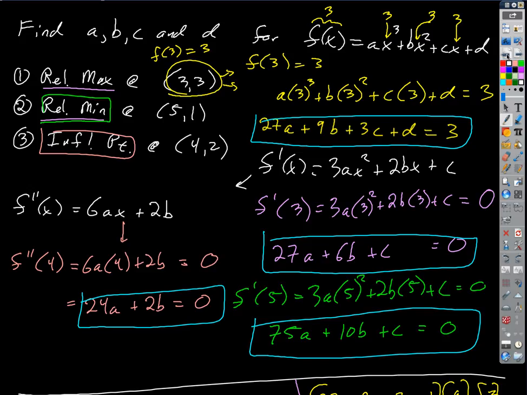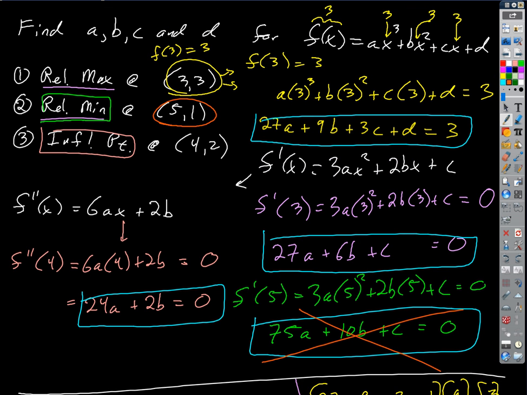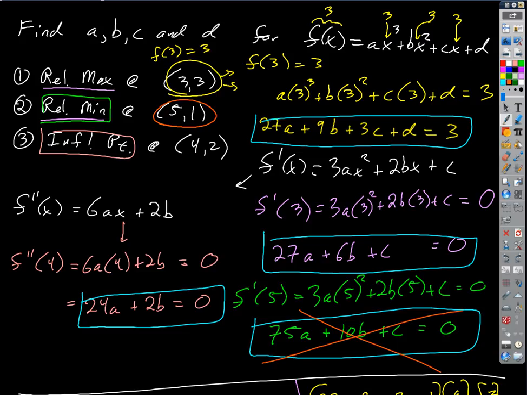Let's use the equation that comes from the 5 and the 1, the big equation that comes from the 5 and the 1. Let's replace that one with what we get when we plug 5 into our function. We're going to get a times 5 cubed plus b times 5 squared plus c times 5 plus d equals 1.